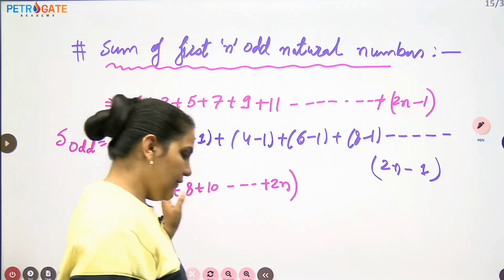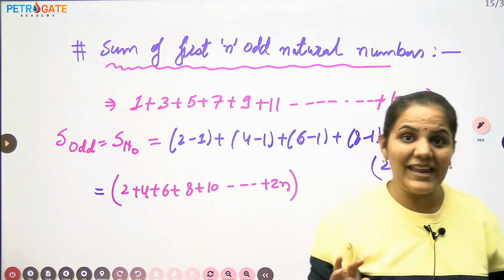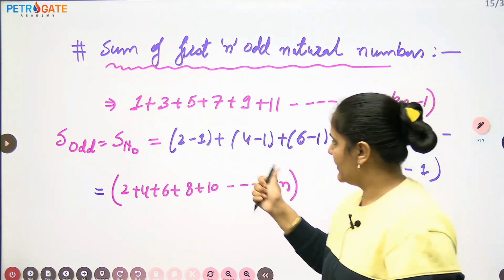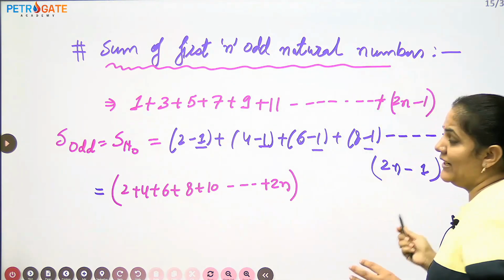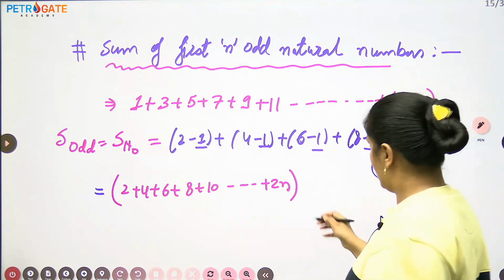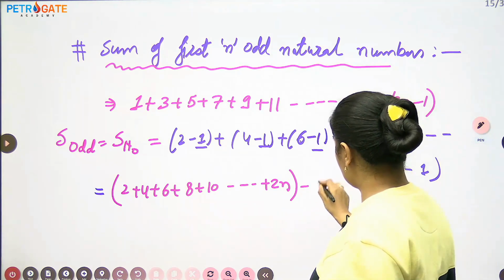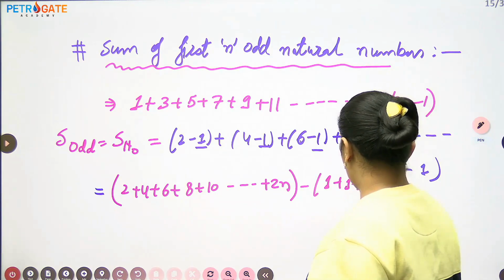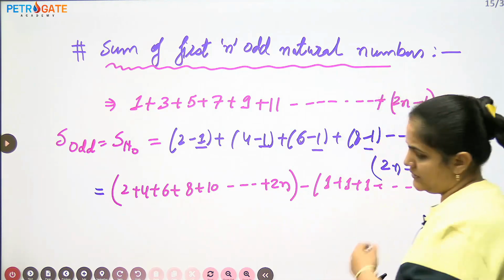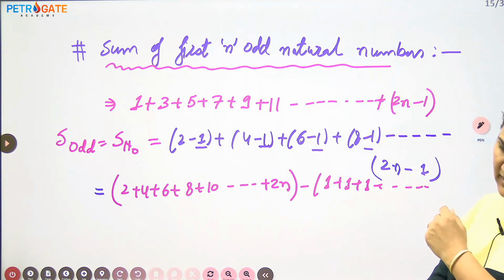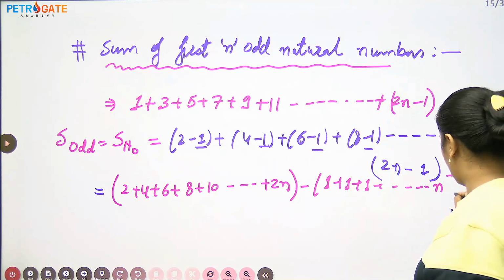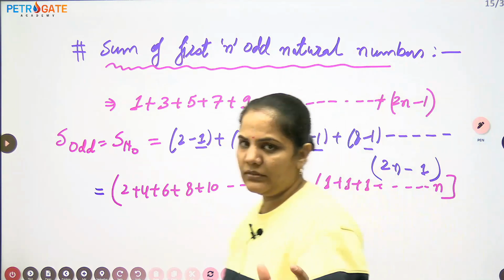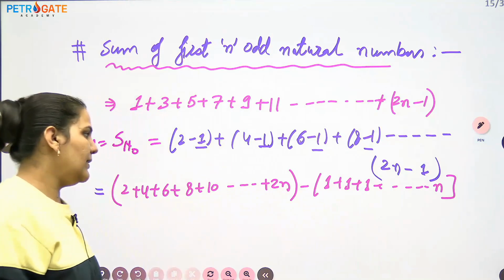And here we get n times minus 1, that is minus 1 minus 1 minus 1, up to n times. So the sum of that will be minus n only.